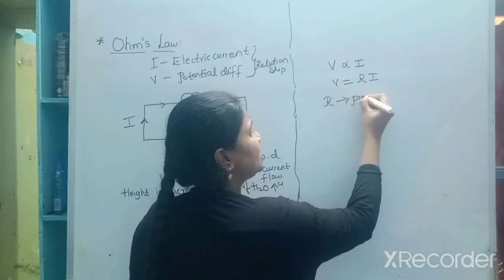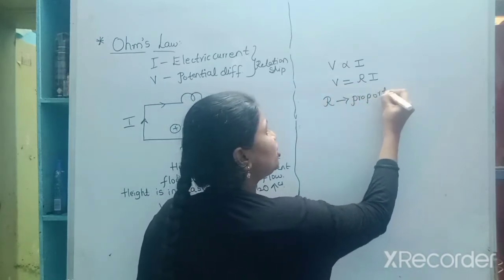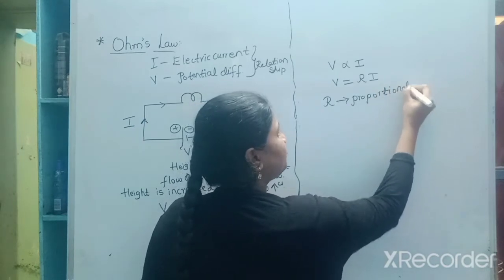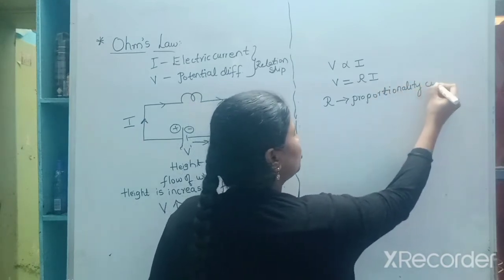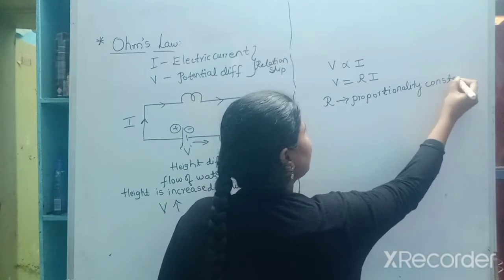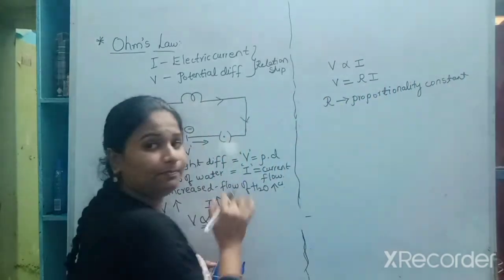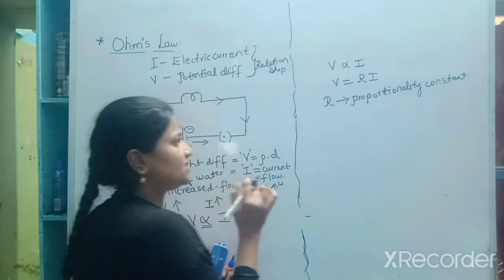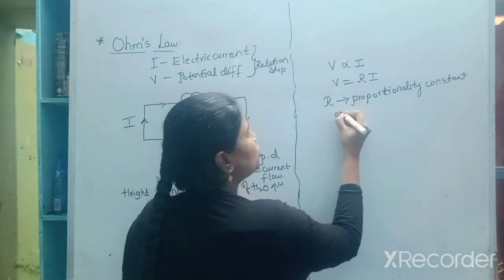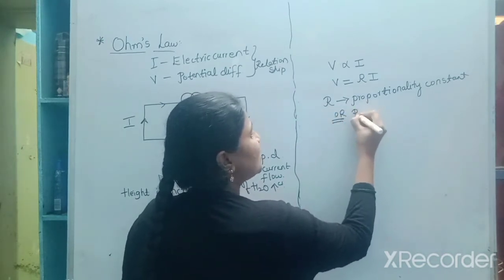It is termed the proportionality constant. To remove the proportionality sign, we consider R. Okay, proportionality constant. It is also known as resistance.